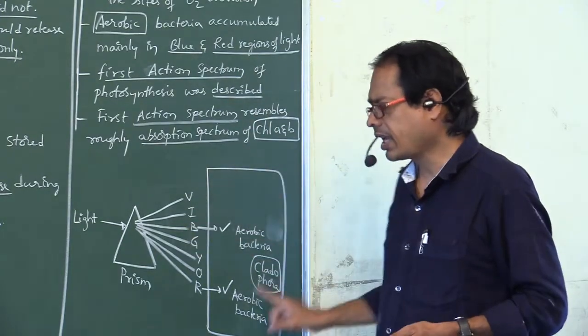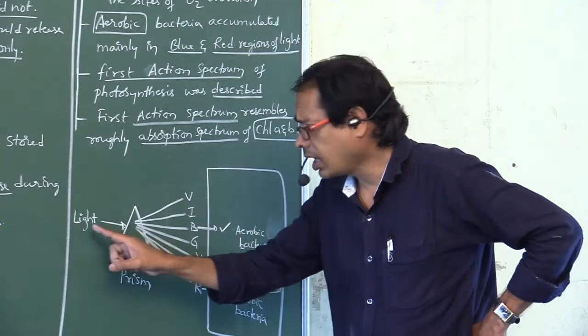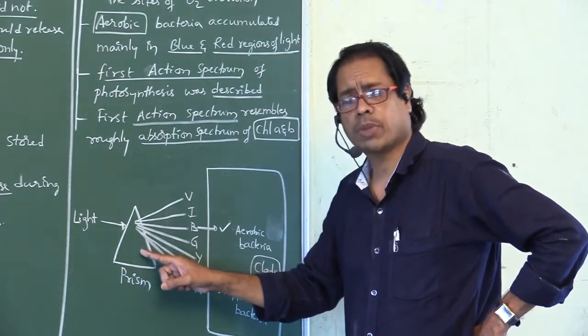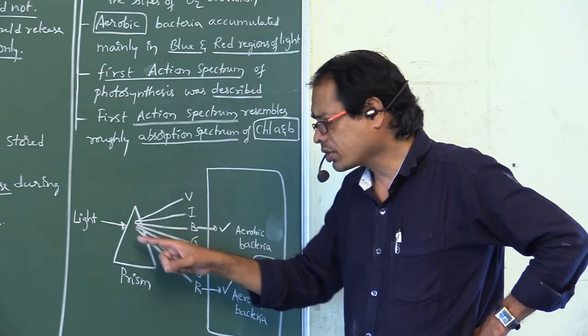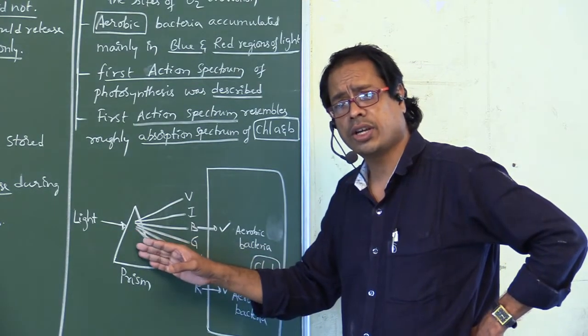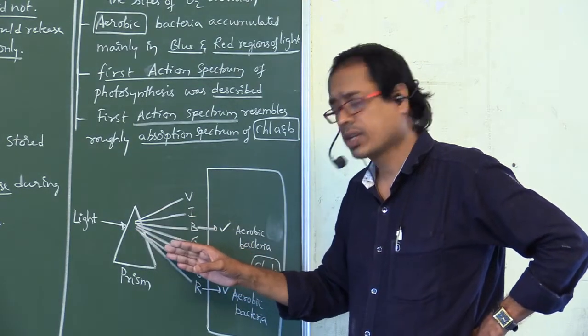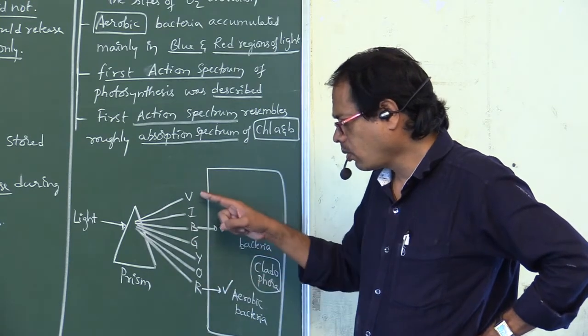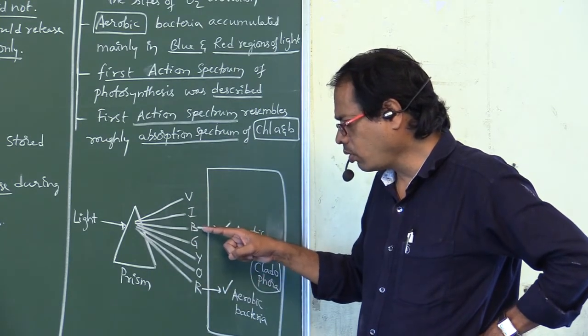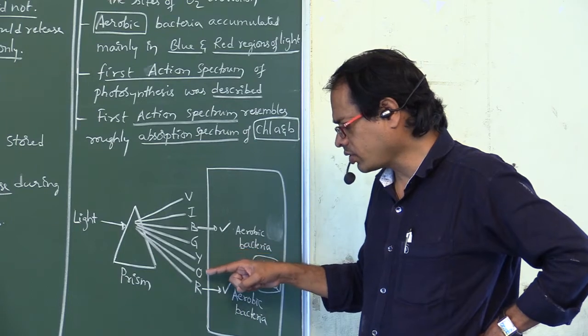Once again, my dear students: light is focused on the prism. When light is focused on the prism, it splits into spectral components like VIBGYOR: violet, indigo, blue, green, yellow, orange, red.